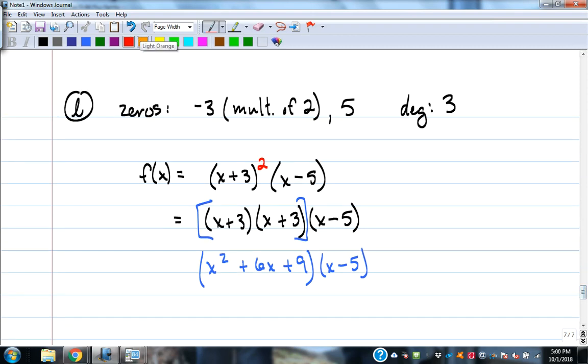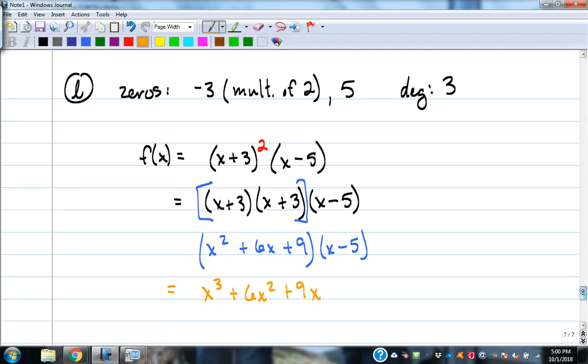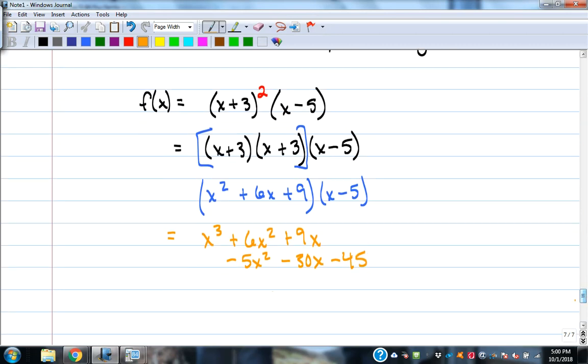So I'm going to distribute x first, so that's x cubed, 6x squared, 9x, and then the 5 be negative 5x squared, negative 30x, and negative 45. Final answer would be x cubed plus x squared minus 21x minus 45.